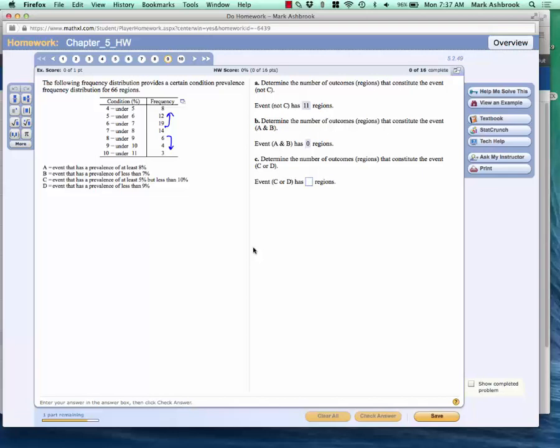So here's C or D. C is at least 5%, but less than 10. That's all that. And then D is less than 9. So then less than 9 would be starting here all the way down.